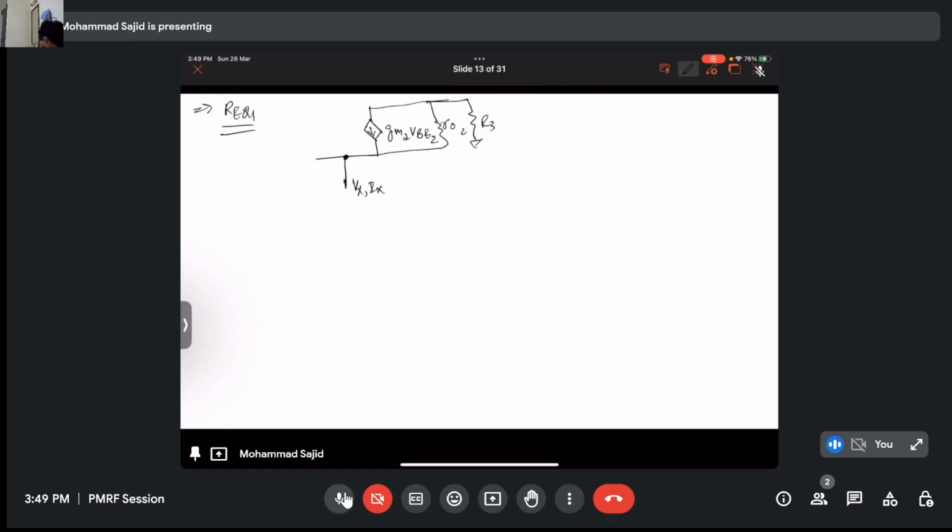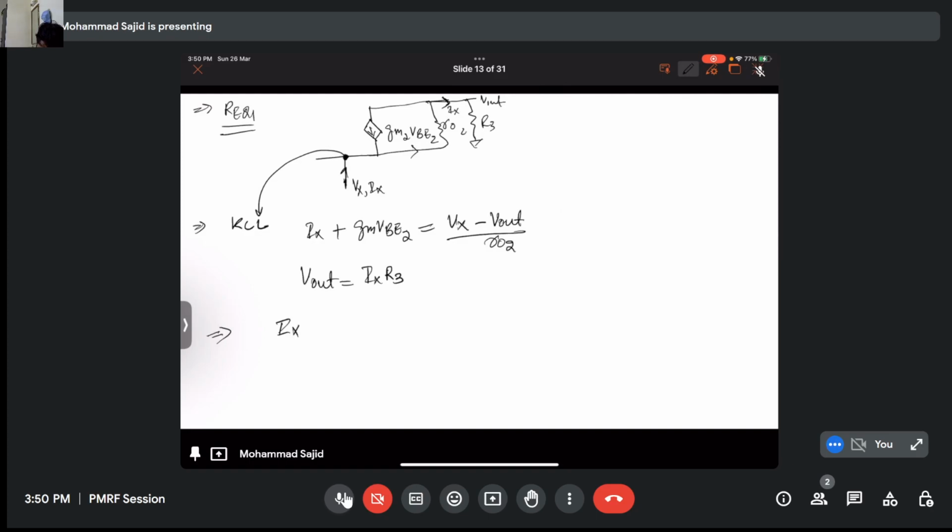So if we apply the KCL at this node, we will have Ix going in, GM VBE2, and we will have current, let's say Vx minus V out followed by RO2, right? So if this is a current of Ix, there has to be current of Ix here, so my V output will be Ix times R3.